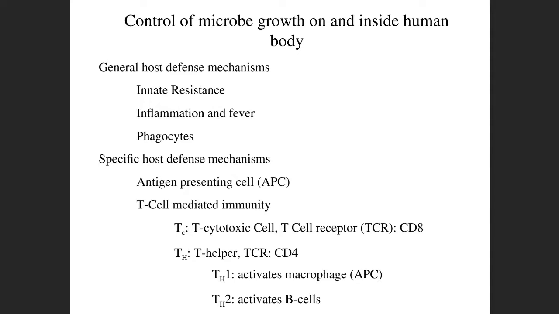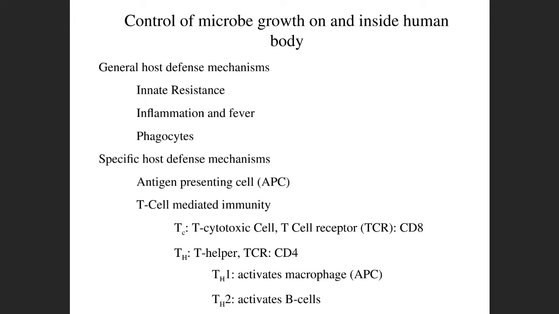The T cytotoxic, by definition, is producing toxin to kill, and the T helper is the one that recognizes and acts. So one way to think about this is one T cell is to help, one T cell is to activate. Obviously the cytotoxic one will be the one that kills.